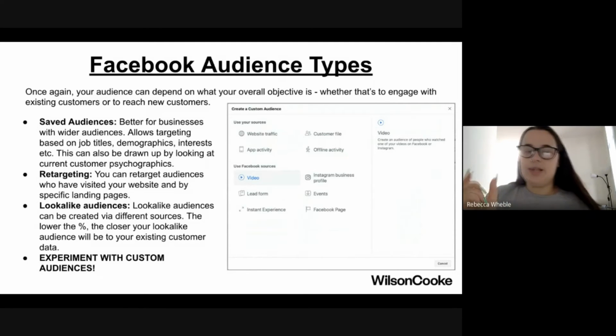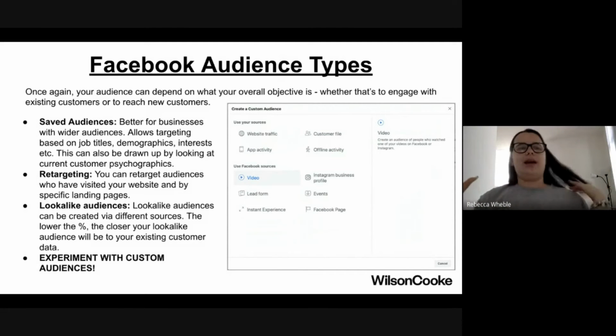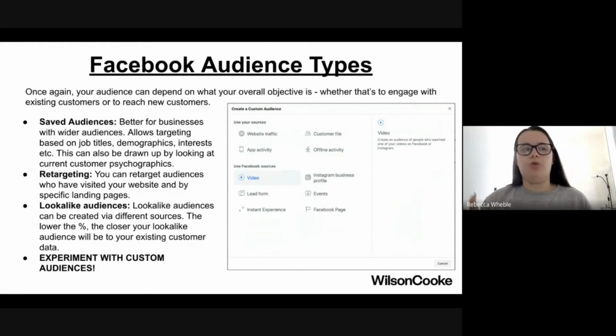The lower the percentage, the closer your lookalike audience will be to your existing customer data. So you'll see when you create a lookalike audience, you have a grid, 1% to 10%. Your 10% is your broader audience. So say you wanted to create a lookalike audience around website visitors, your 10% would be quite broad, whereas your 1% would be as close to that current audience as you can. This is better for more of my B2B niche clients, etc.